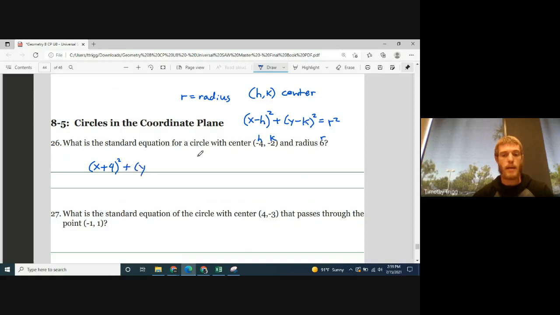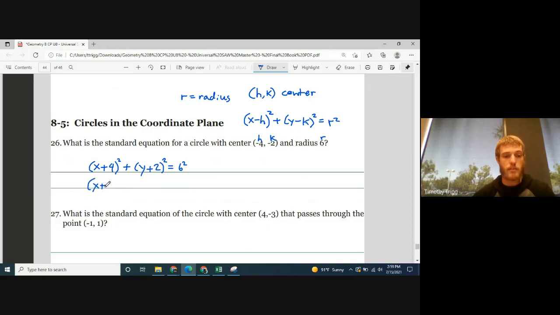Then y minus k is in our formula. So y minus -2 makes y plus 2. Equals r squared, so that's going to be 6 squared. Okay. If you just leave it like this, I'd be happy, but you may also see it like this.